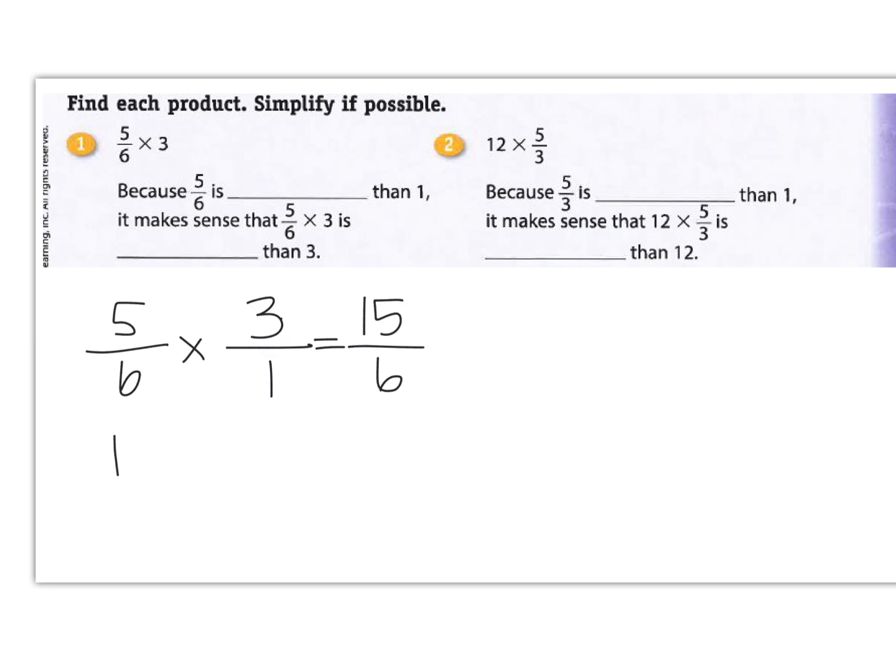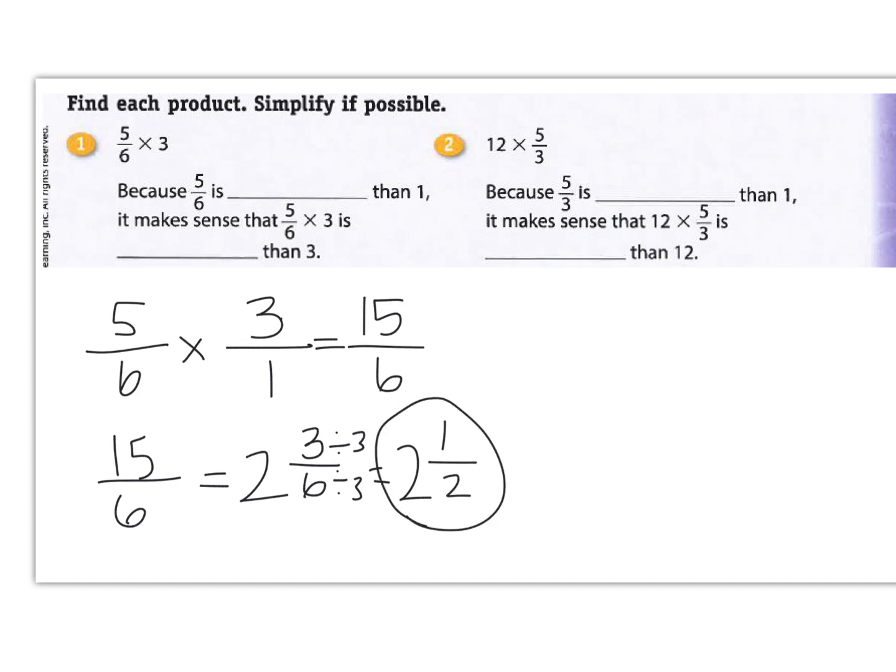And then 15/6 is the same as, we say 6 goes into 15, 6, 12, 2 times. And then we have 3/6 left over, but we can simplify that. We can divide top and bottom by 3, and we get 2 and 1/2 is our answer.